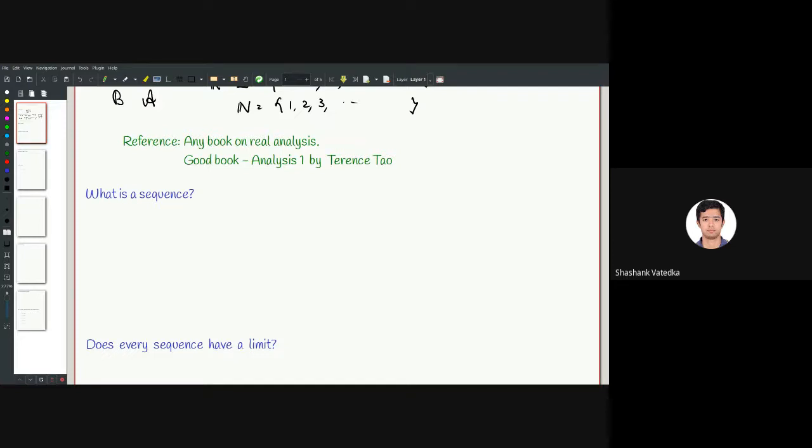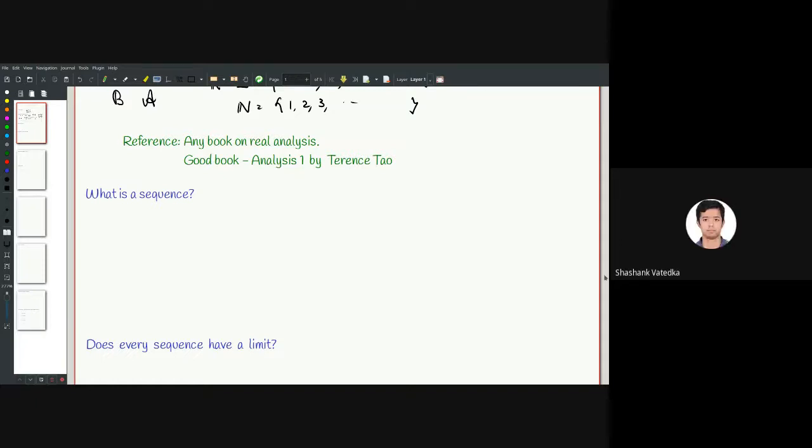Any other definitions? Anyone else? So in particular, is the set of objects finite or infinite? Infinite. Yeah, so it's typically infinite.